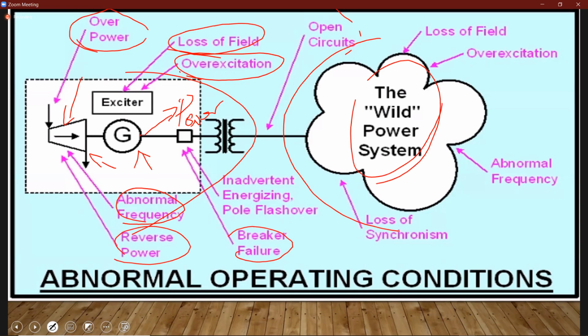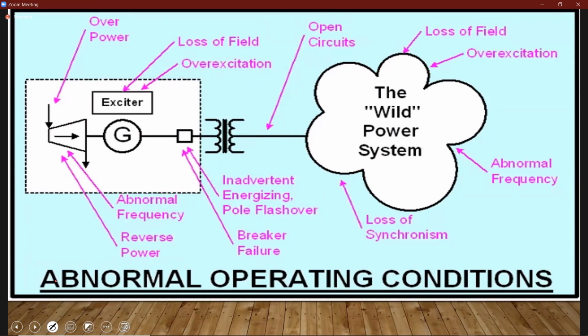And as the engineer, we have to find a way to address all these abnormal conditions. So power system protection tries to anticipate all the issues that may occur within your power system, and then provide ways of mitigating against these, right? To reduce their negative impact on the customer.